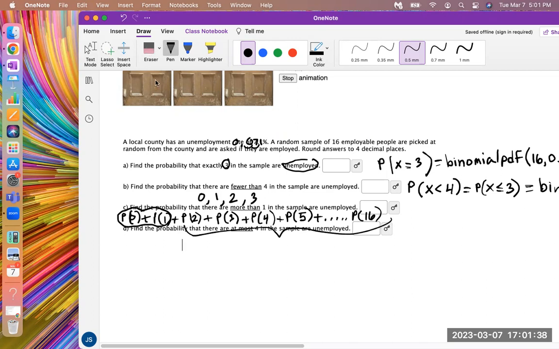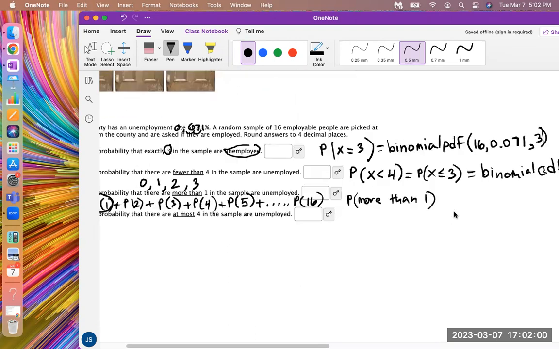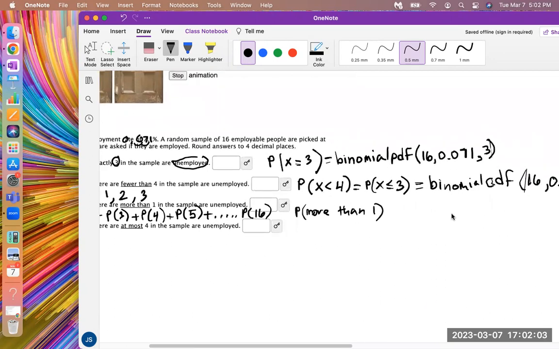So that's what we're going to do to find the probability of more than 1, or you could say X greater than 1.